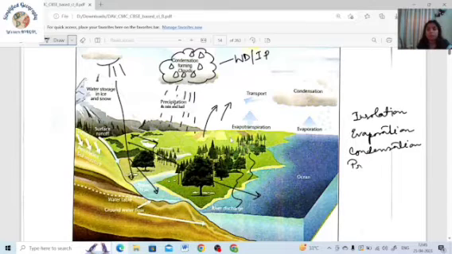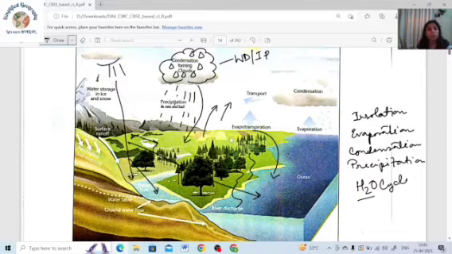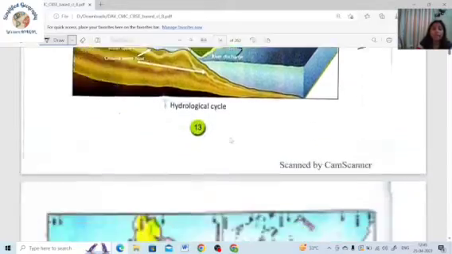So that is precipitation. And after precipitation, the same water comes and joins the surface water once again. So this is how the whole cyclic process happens. We call it the water cycle or hydrological cycle. Clear? Moving on to the next.